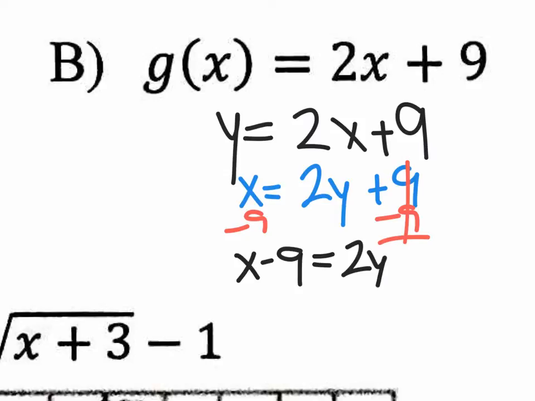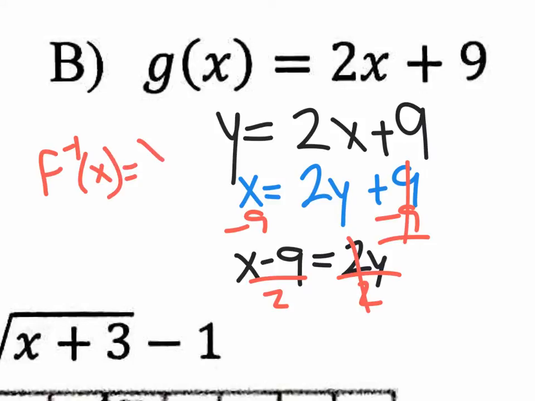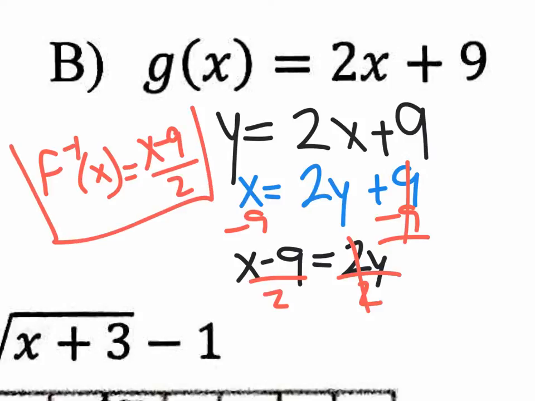So the final step would be to divide by 2 to get y by itself, divide by 2. So your final answer is going to be written as this on the multiple choice. It's going to be f inverse of x, that's the inverse notation, equals x minus 9 over 2. That's your final answer for the inverse function.